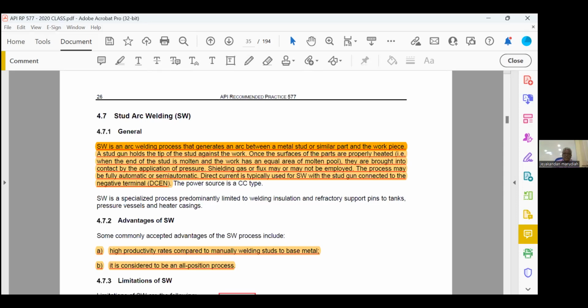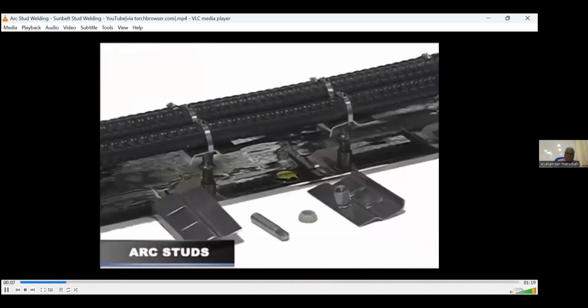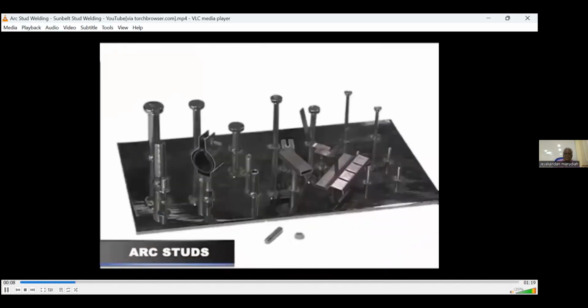Then stud welding. So this is stud welding. Large diameter fasteners, porous and thicker base metals. Cut fasteners are available in many sizes and shapes.